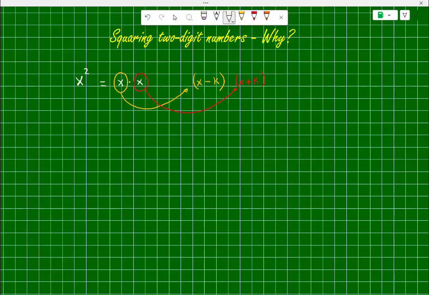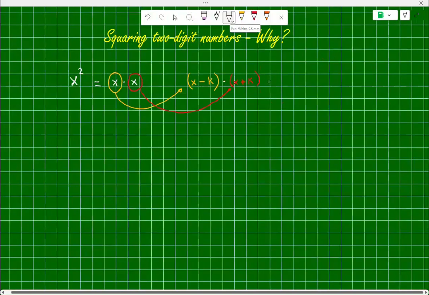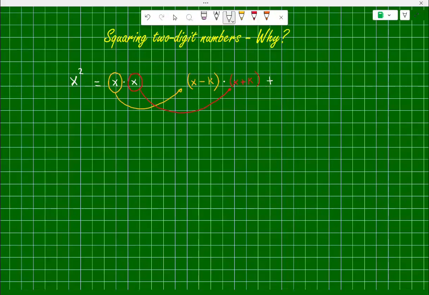In the method, I would multiply these two new numbers, x minus k and x plus k, and I would need to add the square of the quantity that I subtract or add to the original numbers. The quantity that I add or subtract to the original number is k, so I would need to add k squared to this quantity.